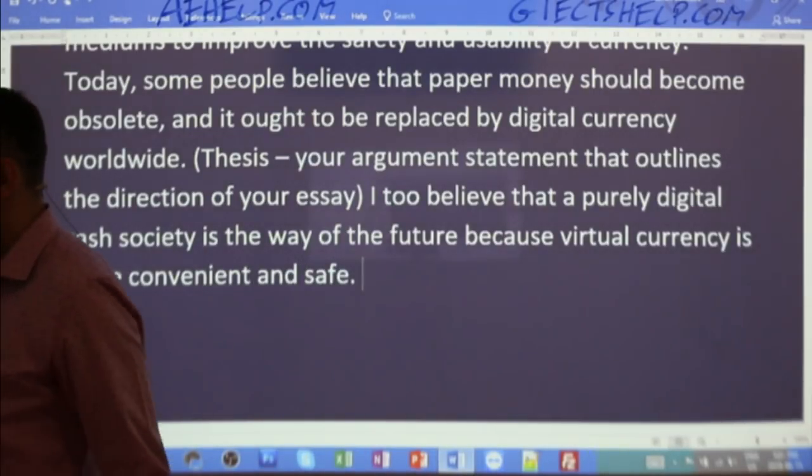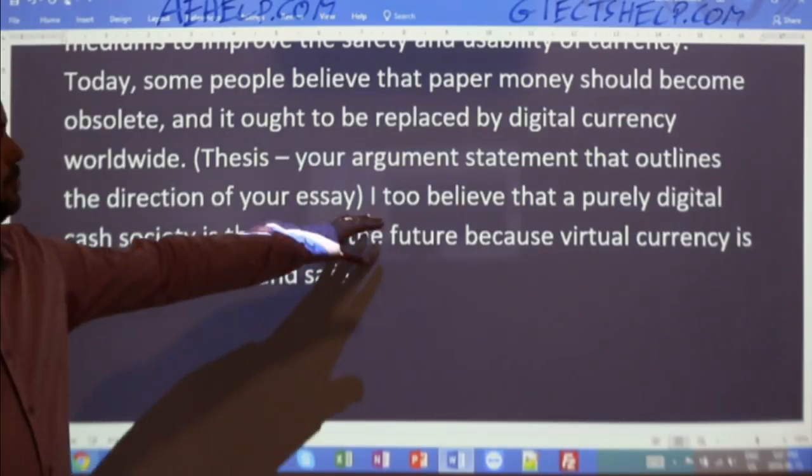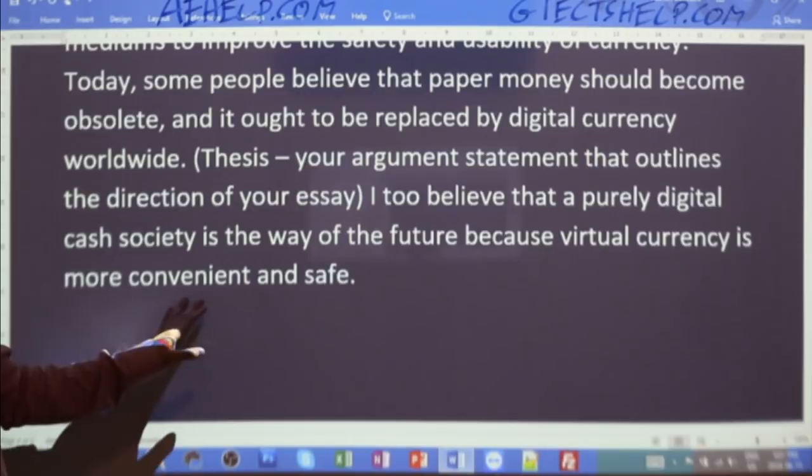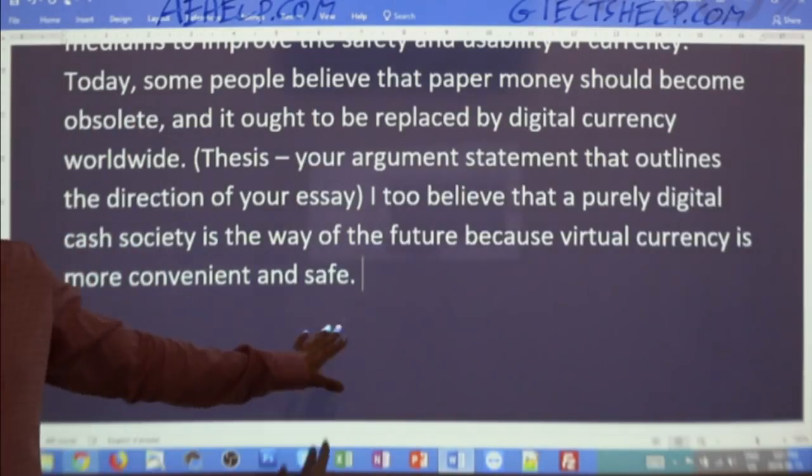All right? So that's good. I too believe that a purely digital cash society is the way of the future because virtual currency is more convenient and safe.